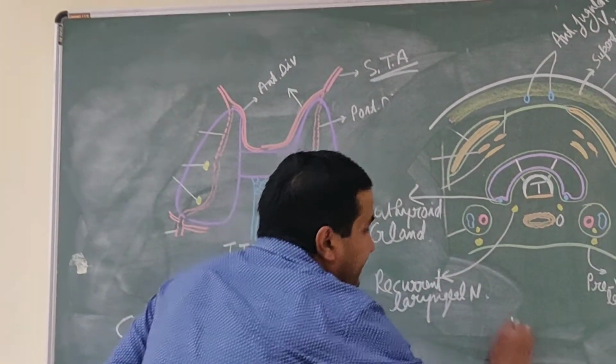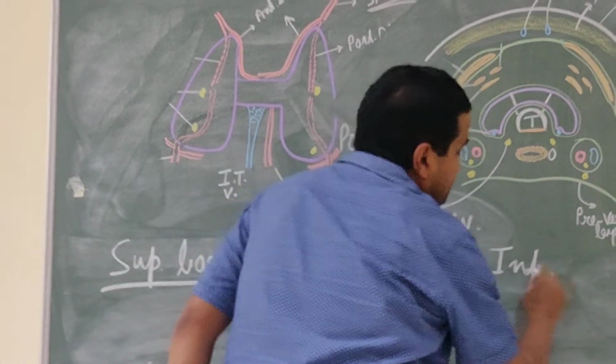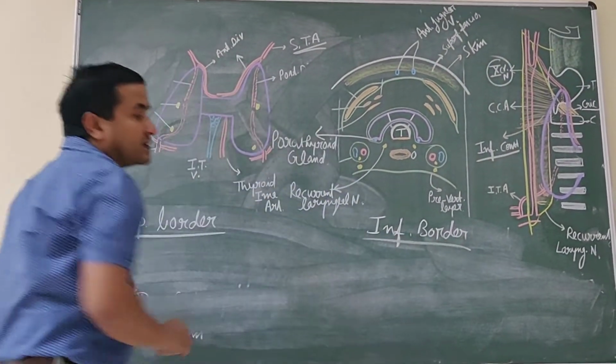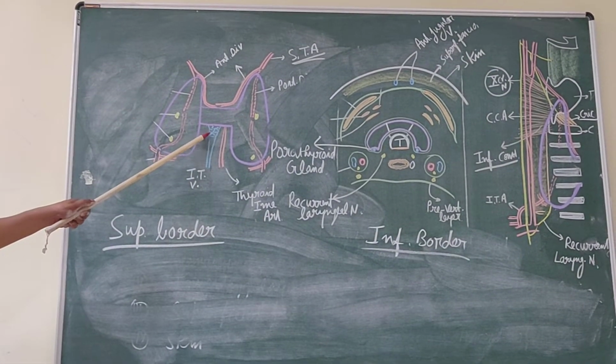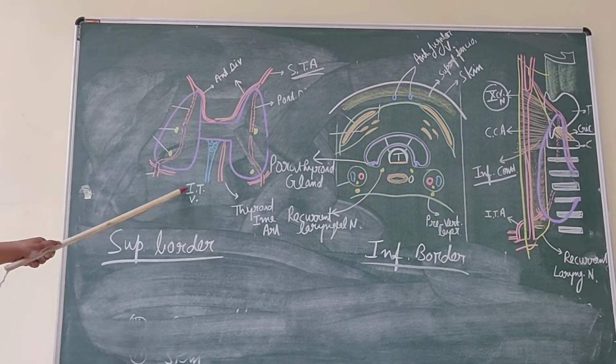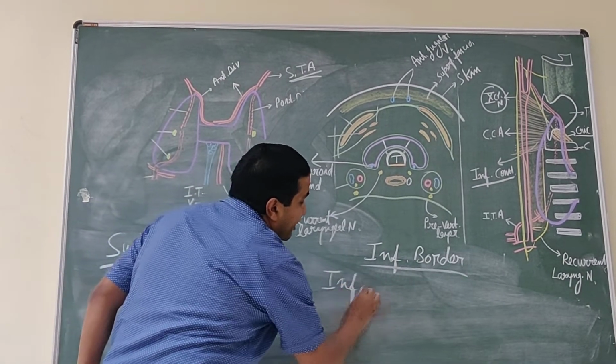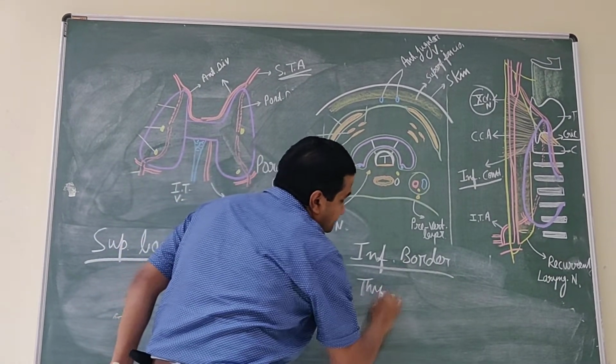Now the inferior border. This inferior border is related with two structures. One is the inferior thyroid vein.